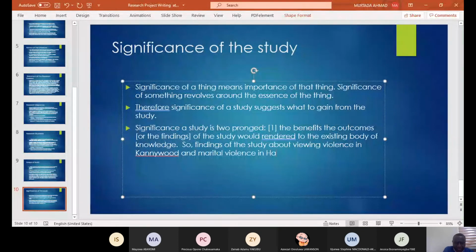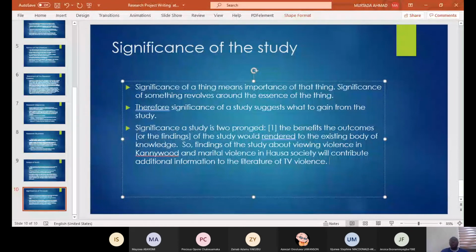The finding of the study about viewing violence in Kannywood and marital violence in Hausa society will contribute additional information to the literature of TV violence. Are you with me? So that's number one.